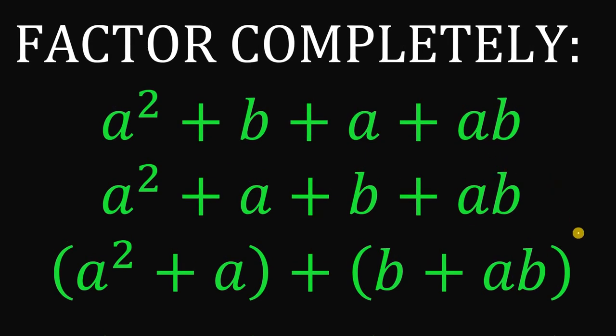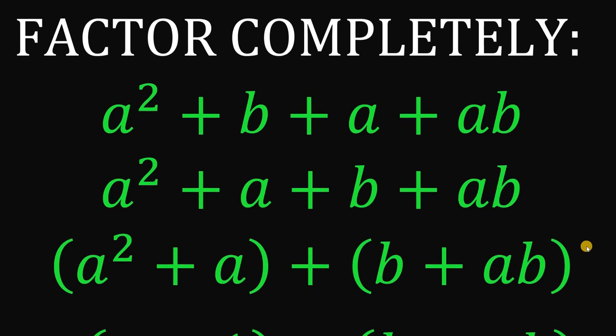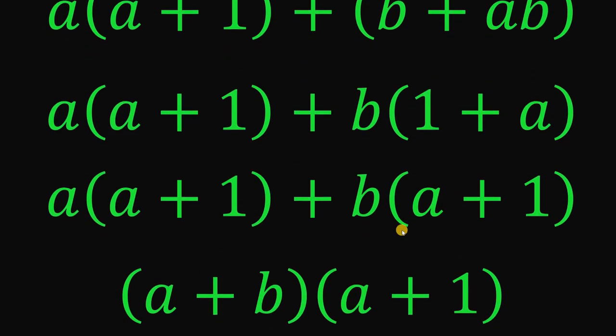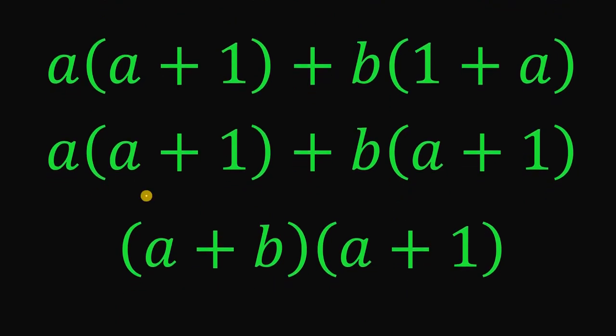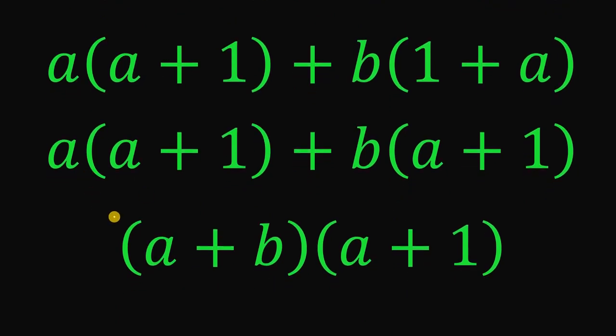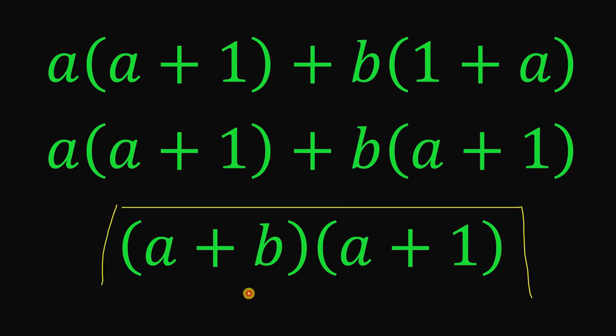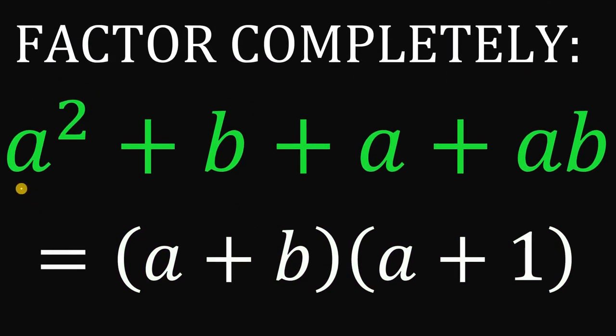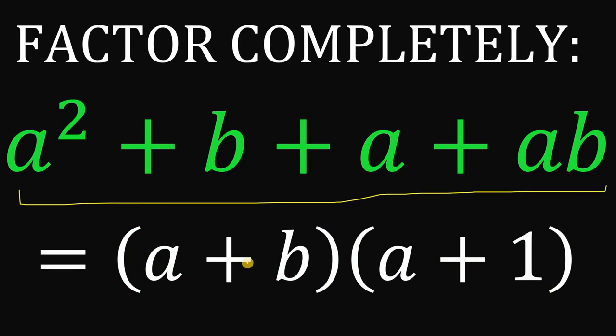Doing this solution, rearrange some terms a little bit, group them together, factor out the common factor of a and the common factor of b, and for the last one, factor out the common factor a plus 1, and we end up with a plus b multiplied by a plus 1. So this is our solution to this question. So what is the factored form of a squared plus b plus a plus ab? And the answer is a plus b multiplied by a plus 1.